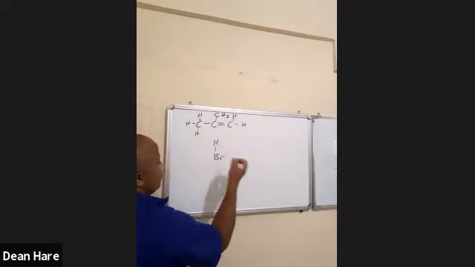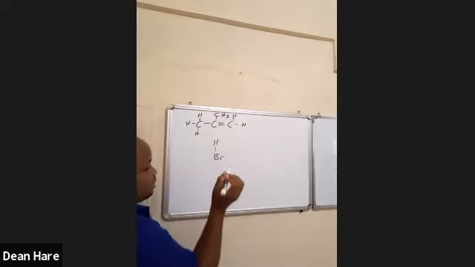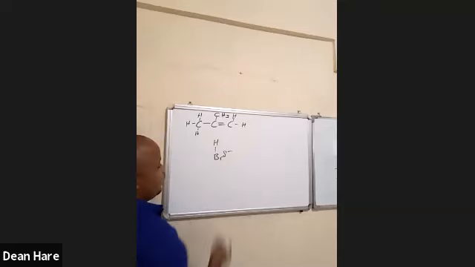Uneven. Since bromine is electronegative, it pulls the electrons closer to itself. Right, that is what I was looking for. So as a result, what should be on the bromine? Slightly negative. All right. And on hydrogen, I should put? Slightly positive. All right.